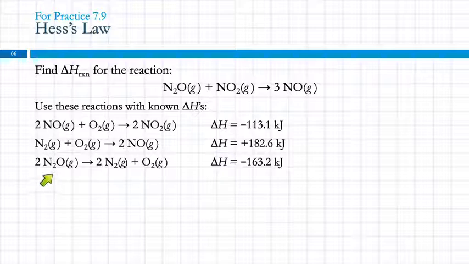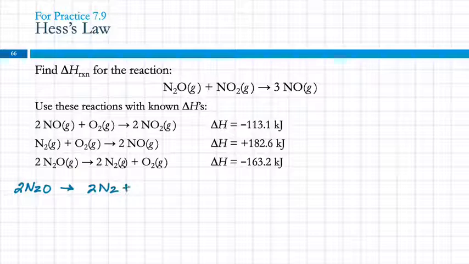Oh, this one does. So the things I can do to these equations, I can reverse them, switch the reactants and products, or I can multiply them by numbers. So here, the NO2 is on the reactant side, N2O is on the reactant side, and so that one's the correct direction. So I'm going to write that down. 2N2O going to 2N2 plus O2.